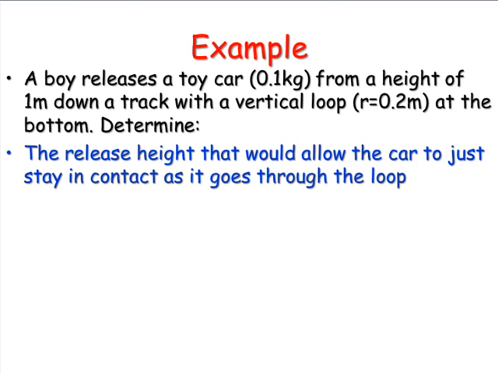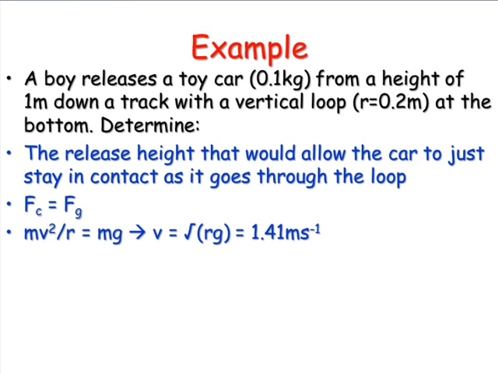So here we're actually going to set the normal reaction force to 0. So the centripetal force is entirely equal to the gravitational force at the peak. So mv squared on r equals mg, rearranging, so we're dividing by m, v equals the square root of rg. Minimum speed it has to have at the top is 1.41 meters per second.